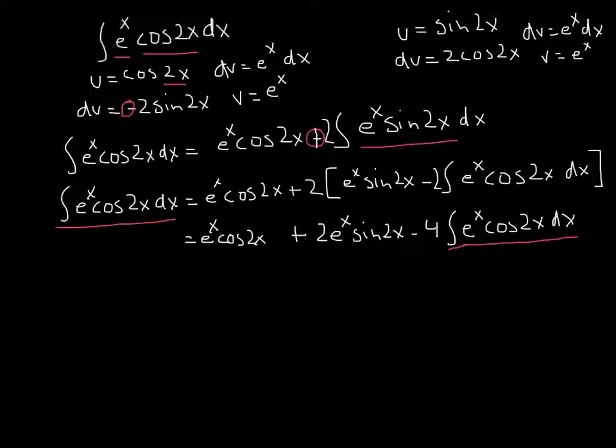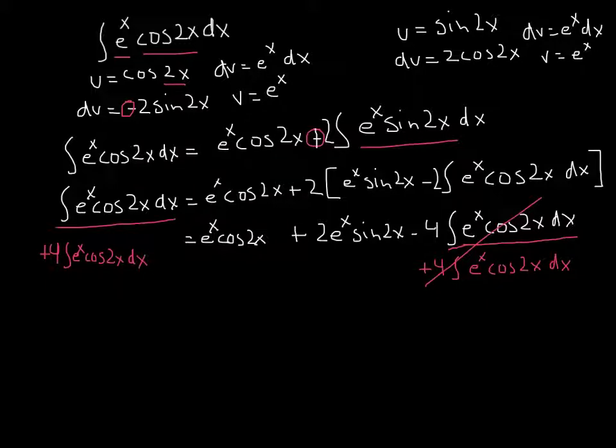Well, you can now treat it like an algebra equation, and you can add 4 times this integral, e to the x cosine of 2x dx, to both sides. So you can actually add 4 integral of e to the x cosine of 2x dx. And just like any algebra equation, that's going to cancel.